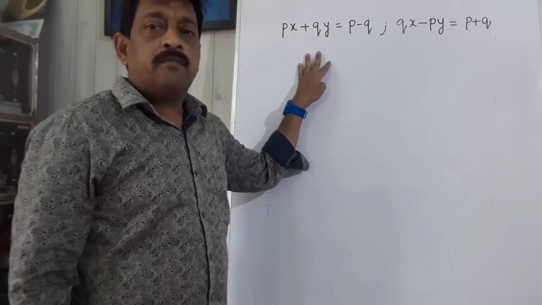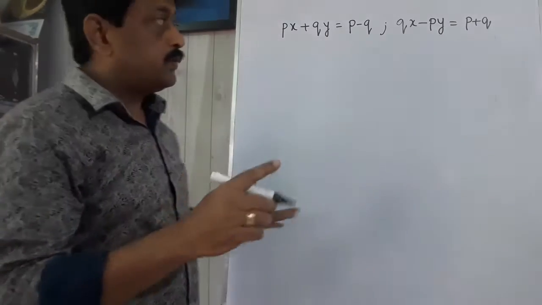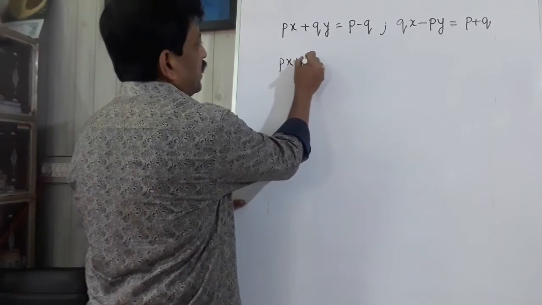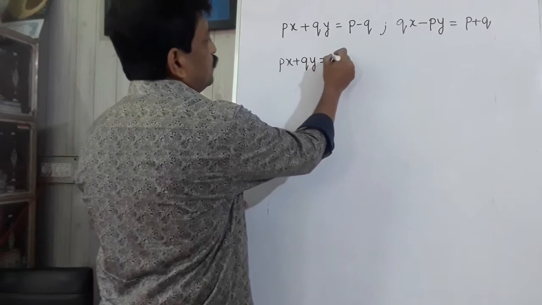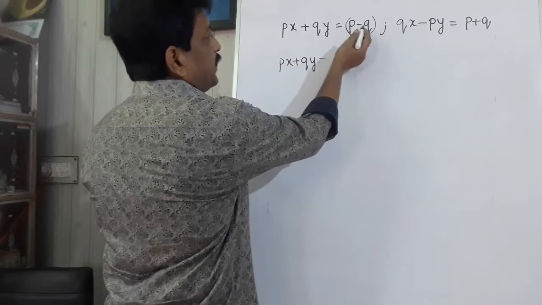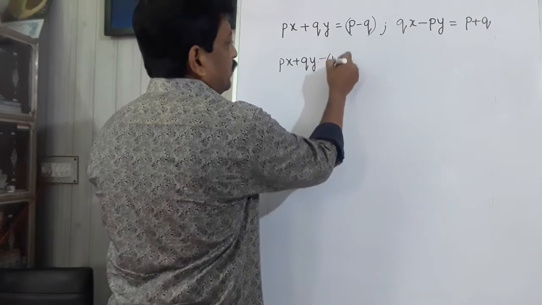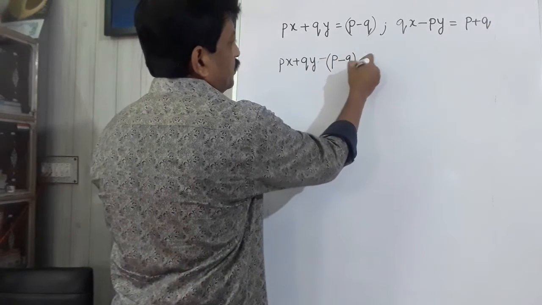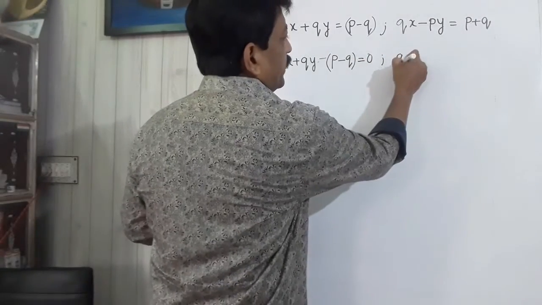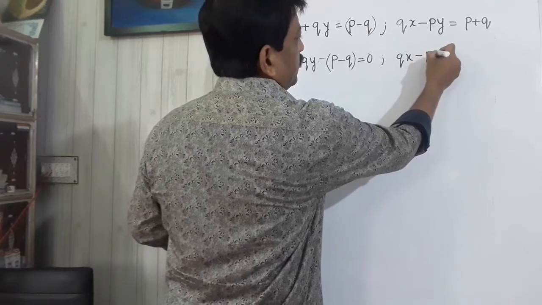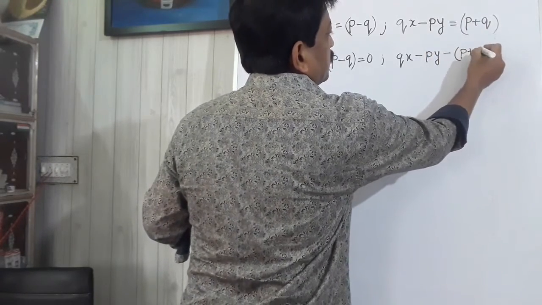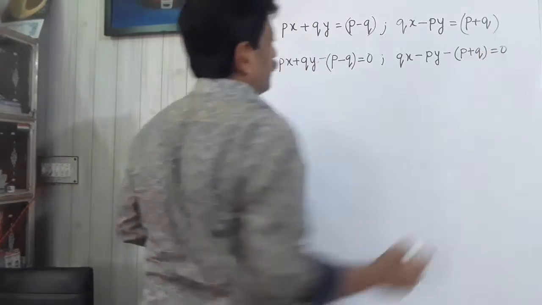First let us make the right hand side 0, then we will proceed further. So this is px plus qy equals, put down bracket, then this p minus q will come to the left hand side. It will become minus of p minus q equals 0. Similarly qx minus py minus p plus q equals 0.